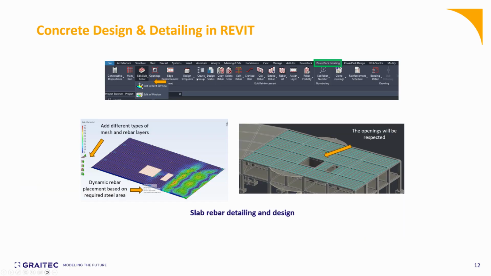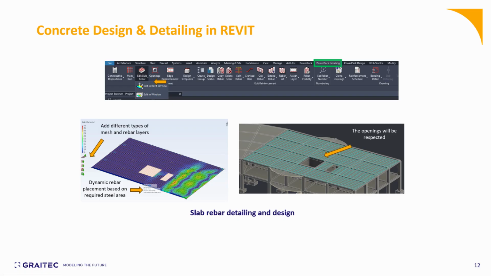So another example here, this is in our Power Pack detailing, which is regarding the slabs. So for the design of slabs also, all of the forces, internal forces, can be imported from Advanced Design. So I will have all of the required bars here in Revit, and based on the required rebars, as you see here, I can start by adding my rebars or reinforcements to the slab.